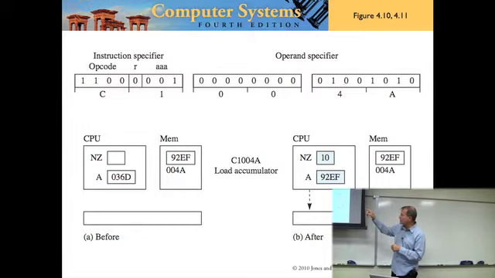When we decode C1004A, we see that the C is 1100 and the 1 is 0001. The 1100 tells us that it is the load instruction, and the 0 in the R field tells us that the accumulator is being affected, as opposed to the index register, which would be affected if it were 1.